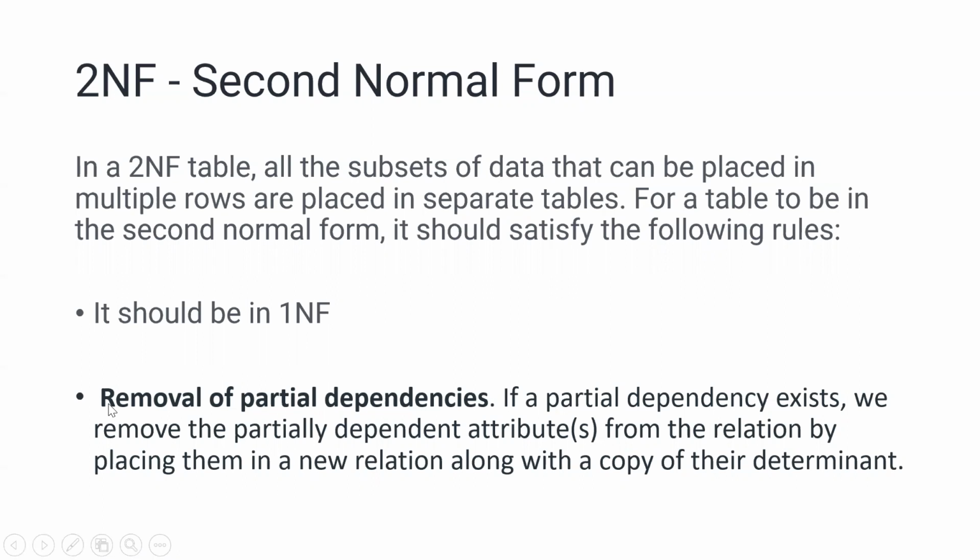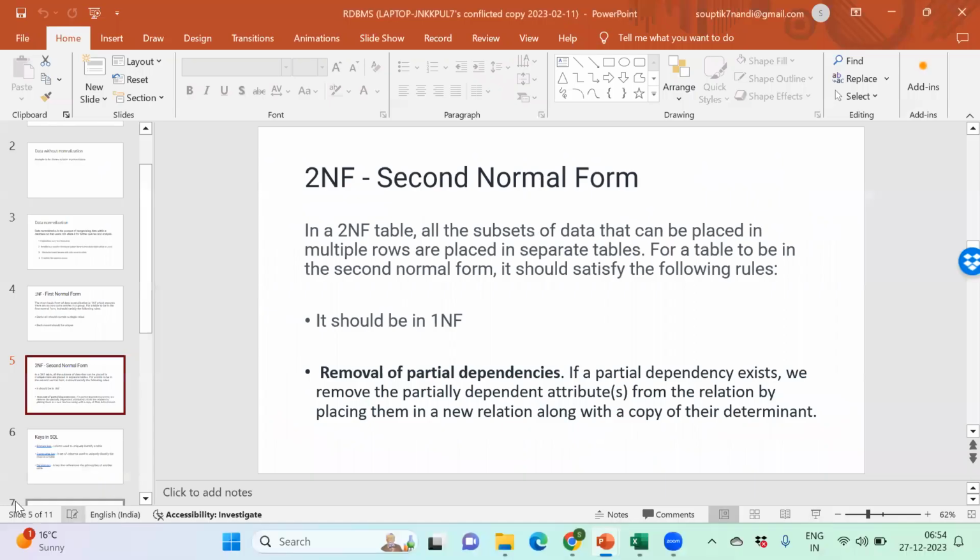The second condition is that there can be multiple columns in the same data set, and we need to check whether all the columns are totally dependent on the primary key, or whether any partial dependency exists with the primary key. If yes, then we need to remove those columns from this data set and create another data set. Let me show you.